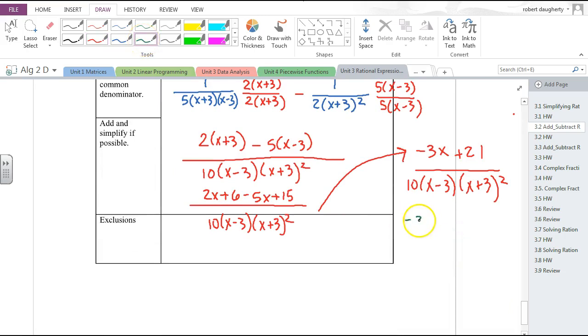So that's a negative 3, what is it, x minus 7 over 10, x minus 3, x plus 3 squared. Now, I probably would have taken either one of these as a good final answer, because does this, by factoring here, let you simplify any further? No. But what if that had been, instead of x minus 7, an x minus 3? That would allow us to simplify.